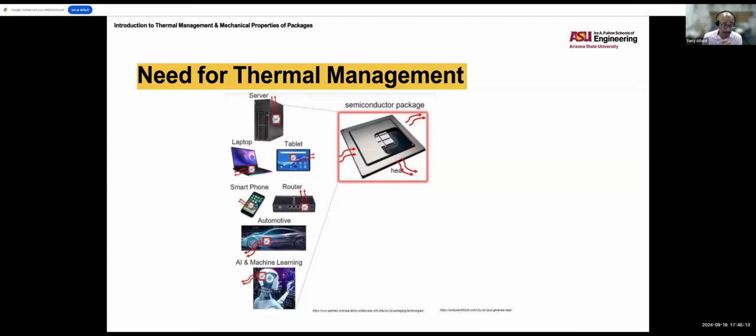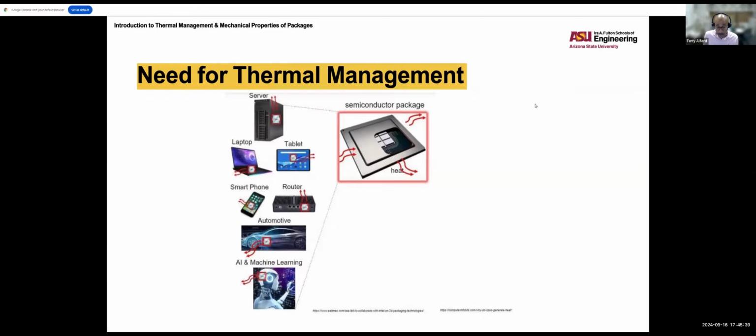And again, that's based on algorithms associated with AI and machine learning. Those CPUs operate at extremely high frequency, a lot of power. So you're putting in a lot of power, so you're going to actually get a lot of heat out.